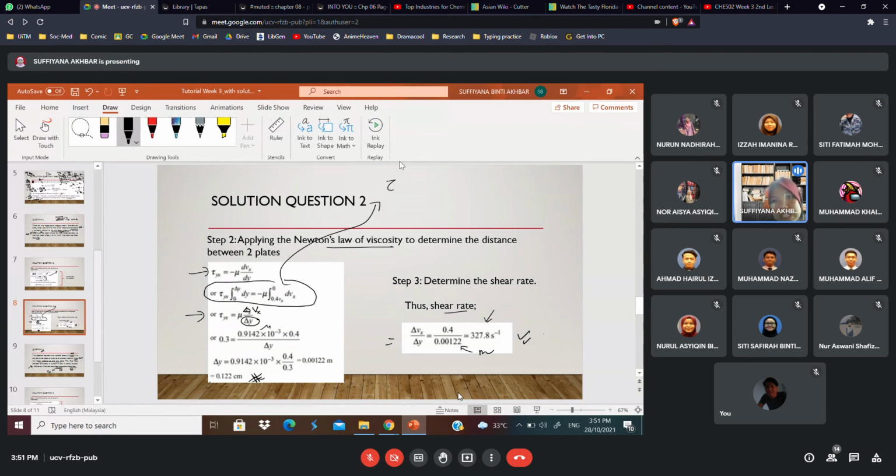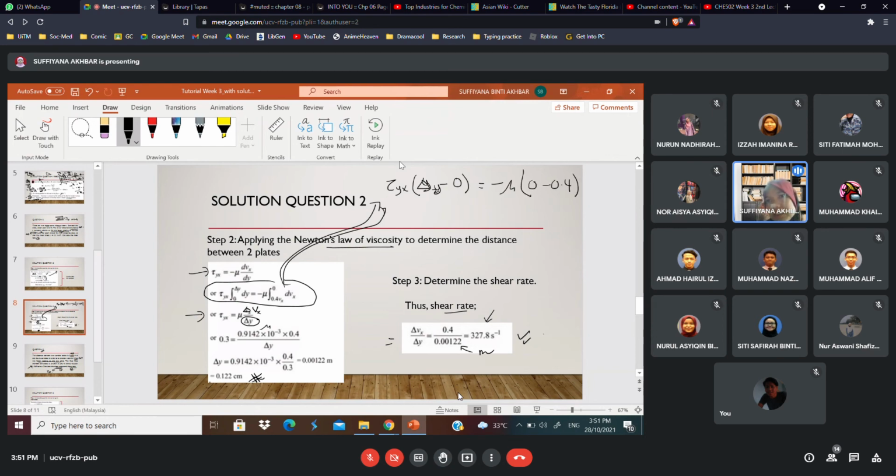Tau yx times y2 minus delta y minus 0 equals negative mu, so we integrate 0 minus 0.4.